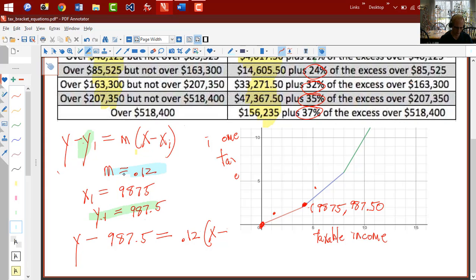Okay, so my slope is that, and my x1 is going to be $9,875.